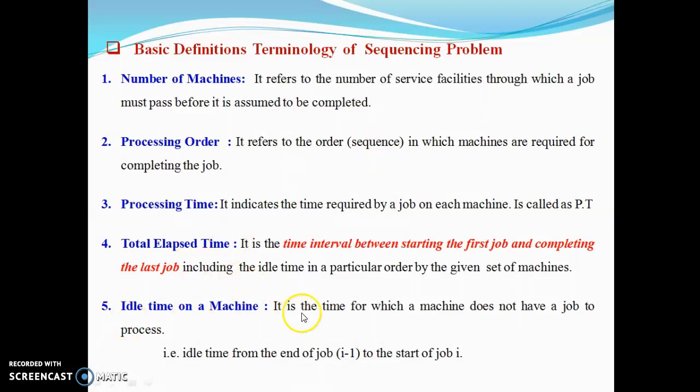It is the time for which a machine does not have a job to be processed. That is, the idle time from the end of job i minus 1 to the start of job i.